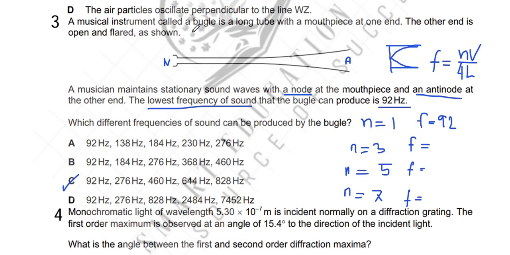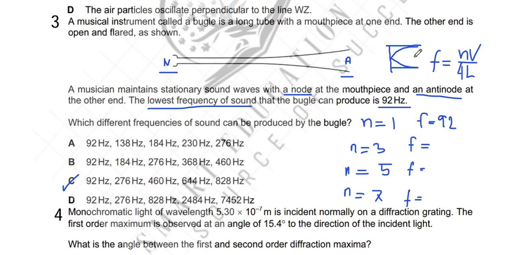In question number 3, a musical instrument called a bugle is a long tube. Obviously, it's something like a tube where the important points are that the mouthpiece part has a node, so this is a node, and the opening part has an antinode.